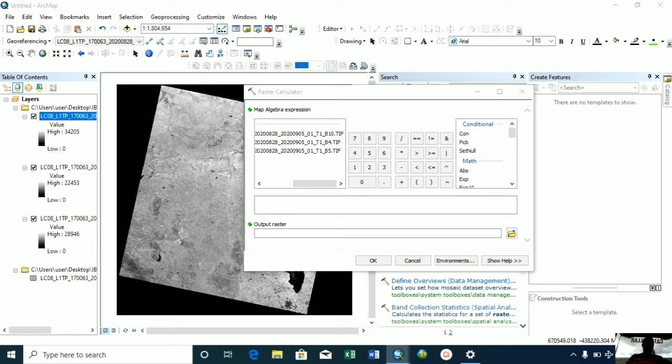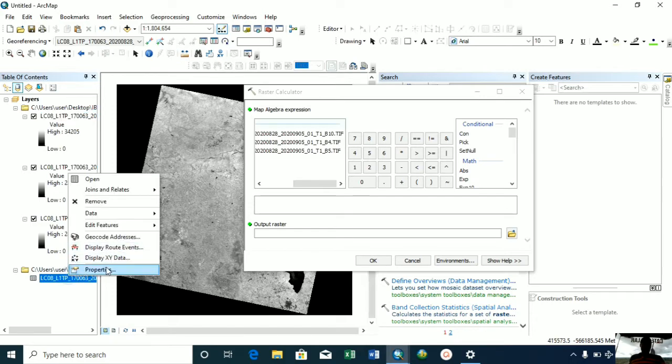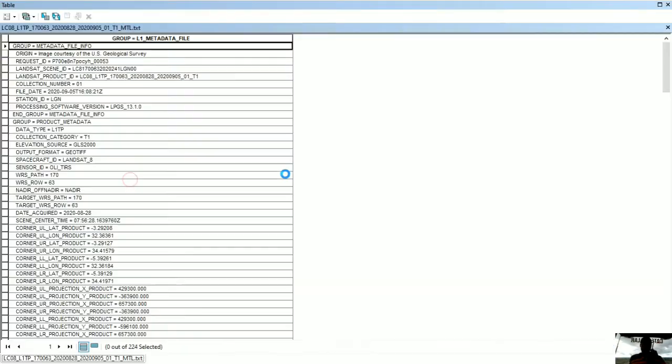Starting with step number 1, conversion to the top of atmosphere radiance. It is given by the formula: the band-specific multiplicative rescaling factor, from the metadata, times the quantized and calibrated standard product pixel value, plus the band reflectance.